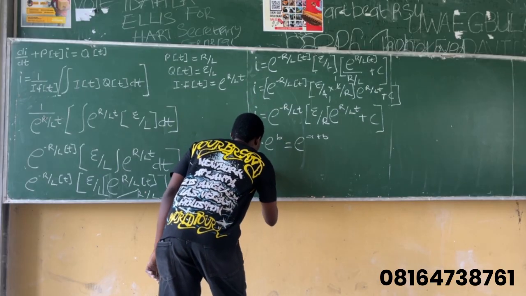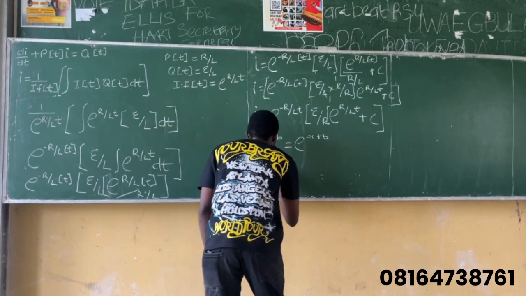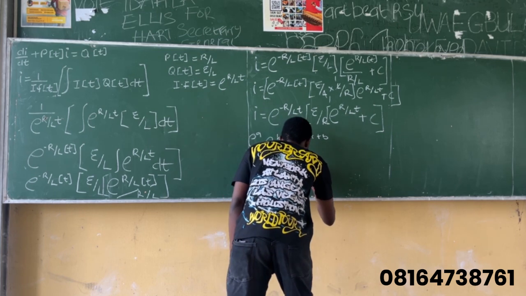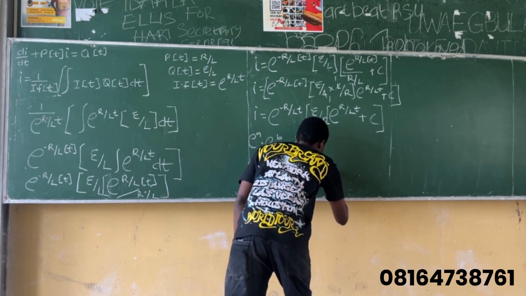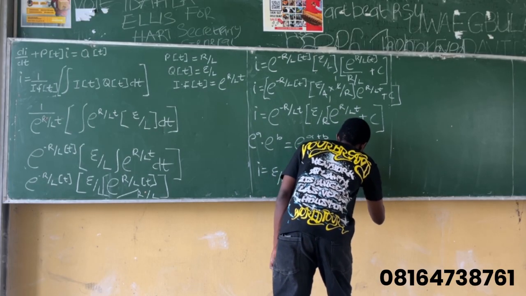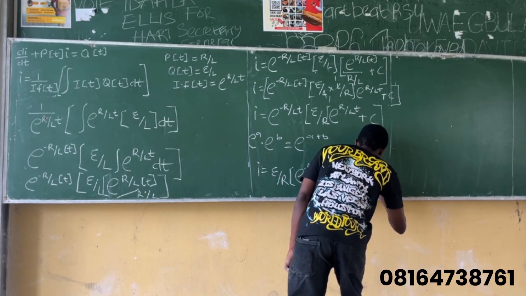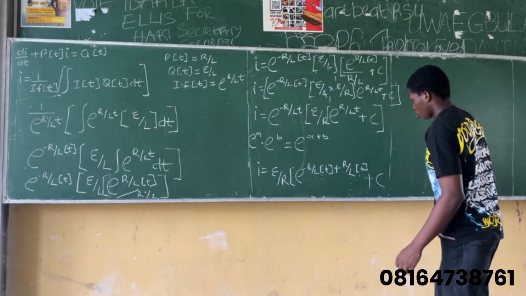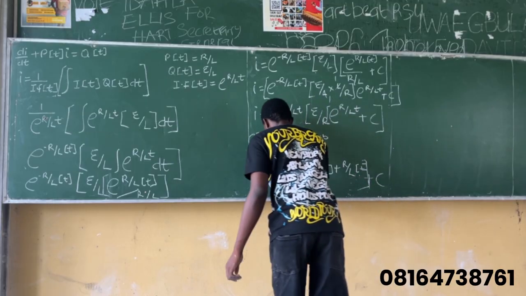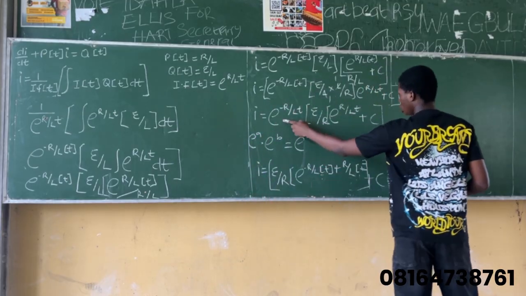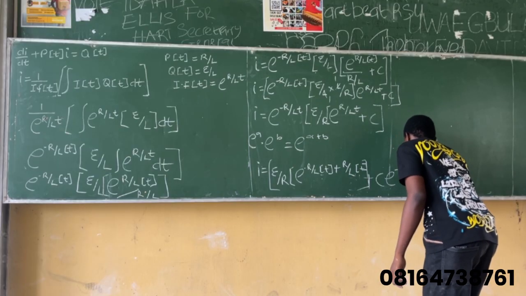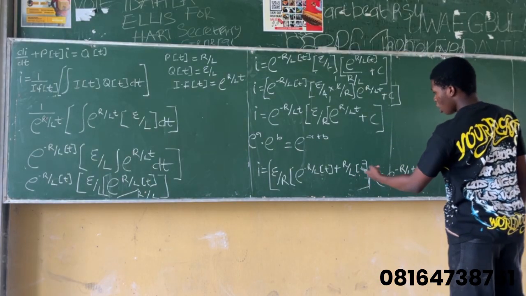So this I is equal to E over R, in brackets e raised to the power minus R over L t plus R over L t, plus c. Then this will also multiply this, so this e raised to the power minus R over L t. So now we get the idea.